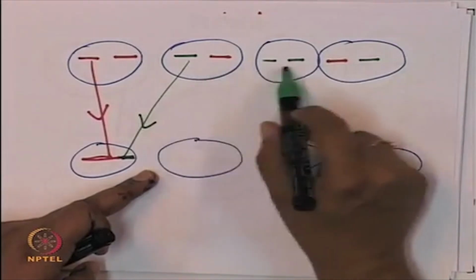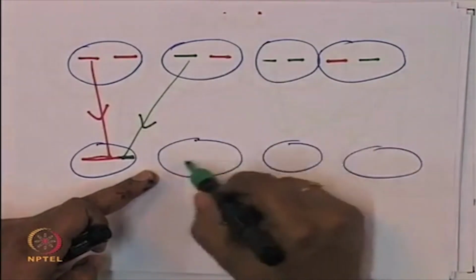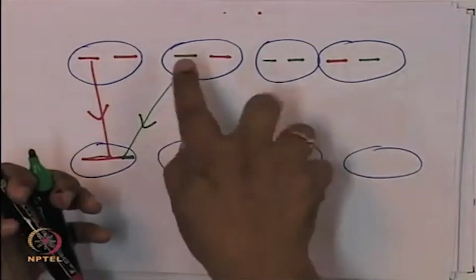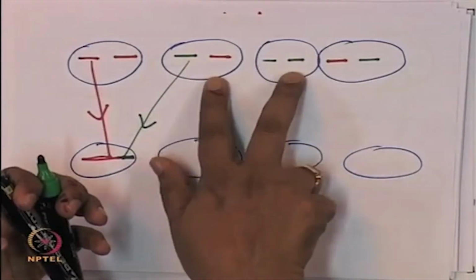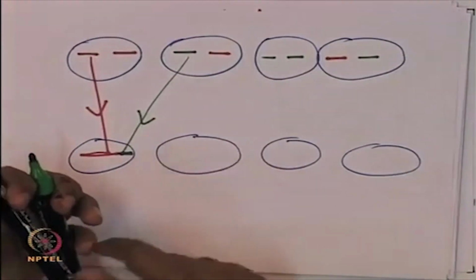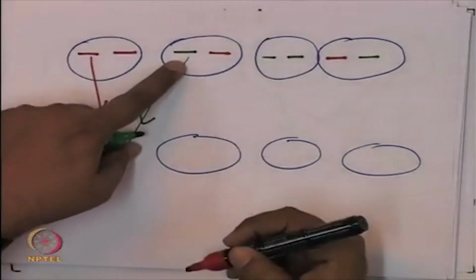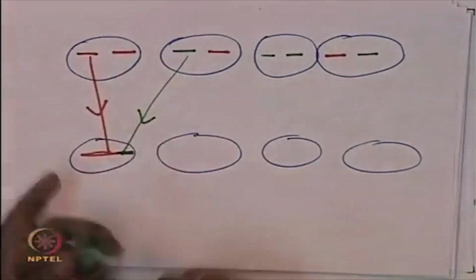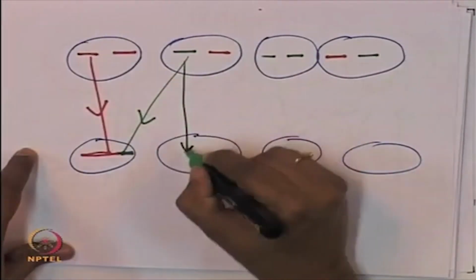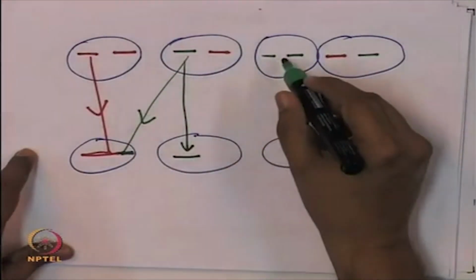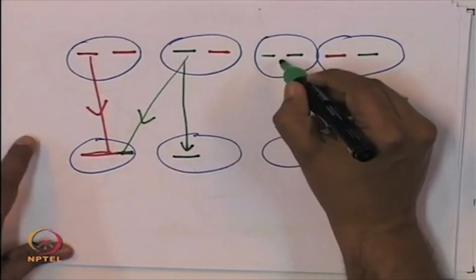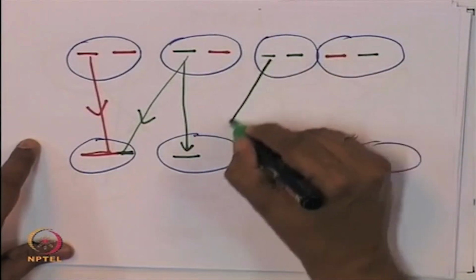So this and this randomly mate, they randomly choose 2 mating partners, and then you get this particular individual. Let us assume that this gives its green chromosome. This also has green, so this also gives its green.